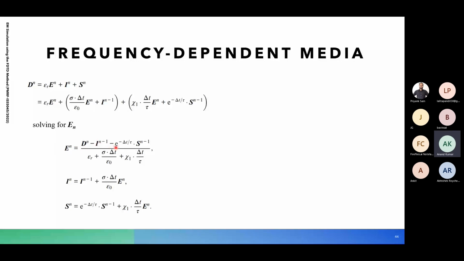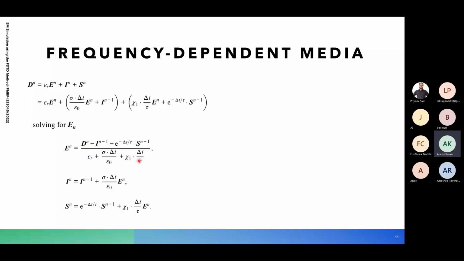It contains the summation of the values of the previous time instants, the again Sn, and everything in the denominator is known to us. We know the time step, we know the relaxation time, chi1, epsilon naught, epsilon r, sigma. This is all known to us.